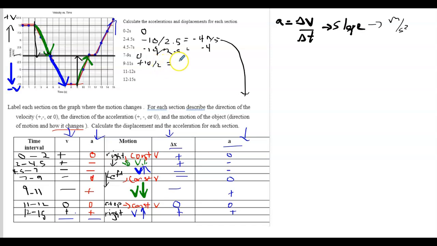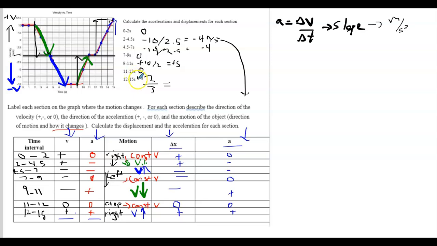So positive 10 divided by 2 is a positive 5 meters per second squared for that one. 11 to 12 is still 0 because it's a horizontal line section. And then in the last part, from 12 to 15, it goes up to 12. This value here is at 12. And then it takes 3 seconds, so it would be 12 divided by 3, which is a positive 4.